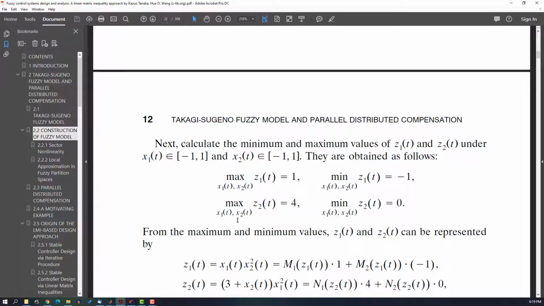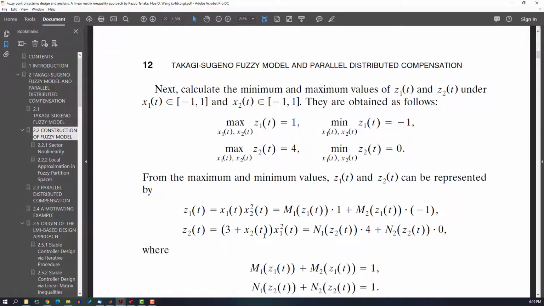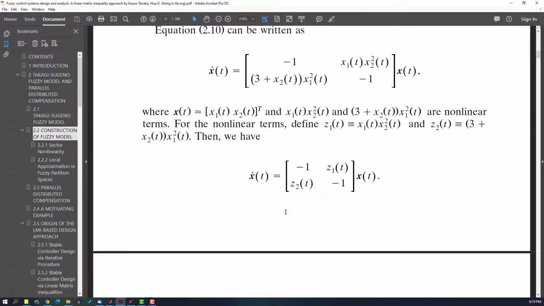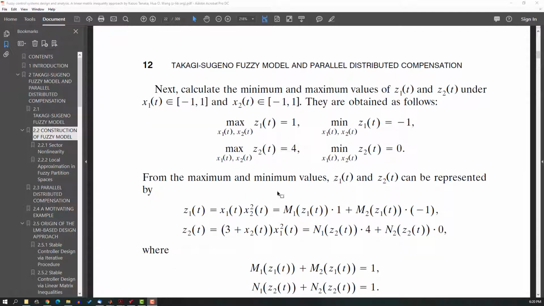The same for S2. And here is the point, they call it the rule.